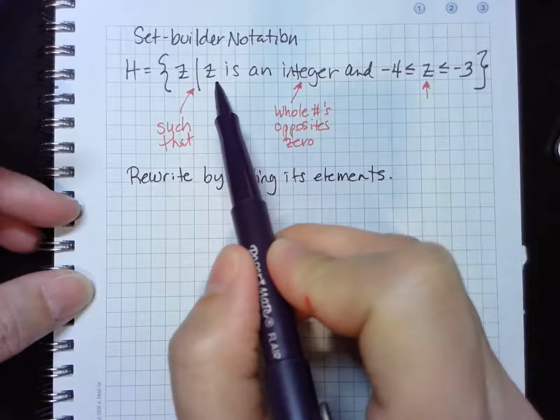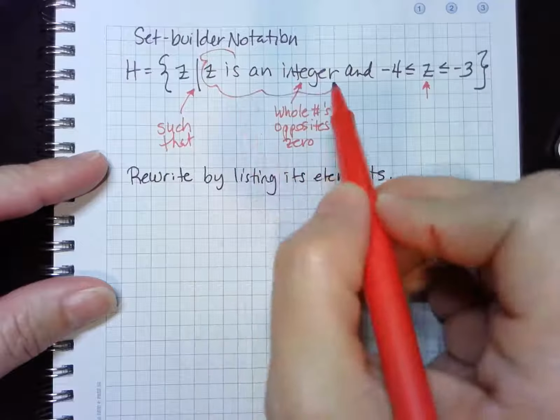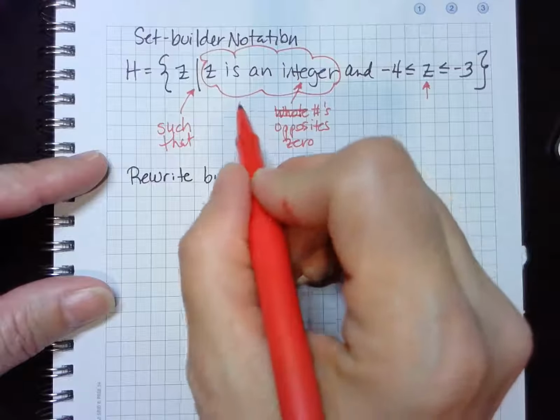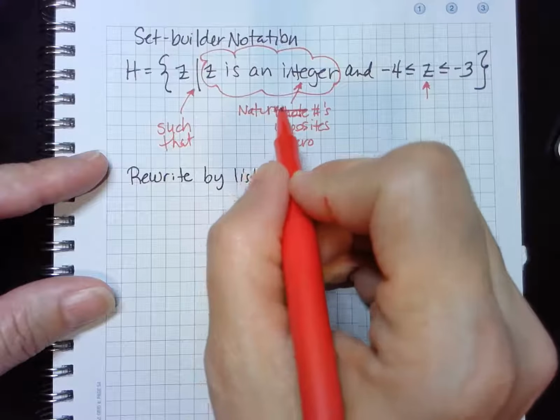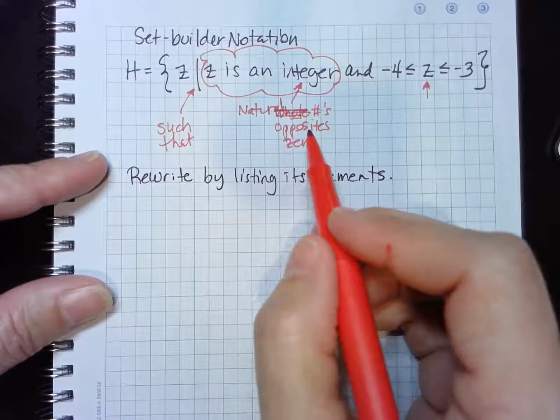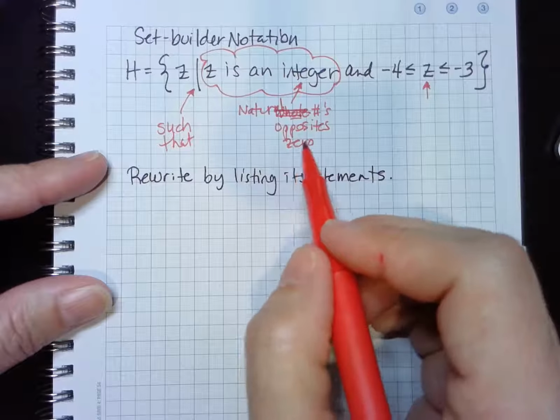So we have some conditions. The first condition is that z has to be an integer. So what are my integers? My integers are my whole, or excuse me, this should have been natural numbers, sorry. My natural numbers, that's my counting numbers. 1, 2, 3, 4, 5, 6, 7, 8, 9, 10. Their opposites, -1, -2, -3, -4, and so on, and then 0.